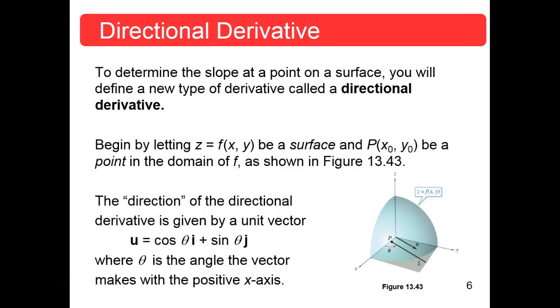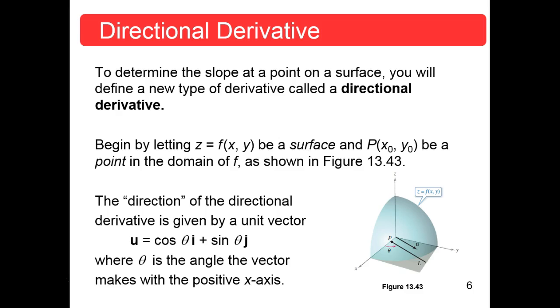The direction for the directional derivative is given by the unit vector u equals cosine theta i plus sine theta j, which if you think back, I think many of you have had physics, cosine refers to the adjacent side, which is the x side typically, and the y side is the opposite, which is the sine. So sine theta j.